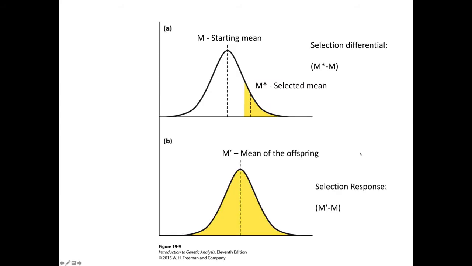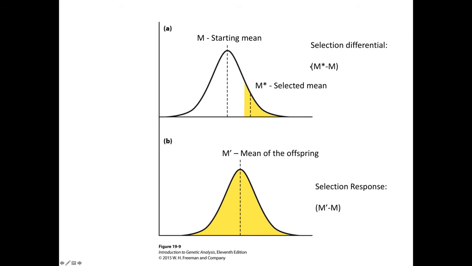Just to be clear what this means, suppose you have a distribution of phenotypes. You might take everybody that has a phenotype above this particular threshold, and of that group you would have a new mean, M star, which would be up here. This isn't the cutoff; the mean of that group is here because this is your cutoff. So here's the starting mean, and the yellow is M star.